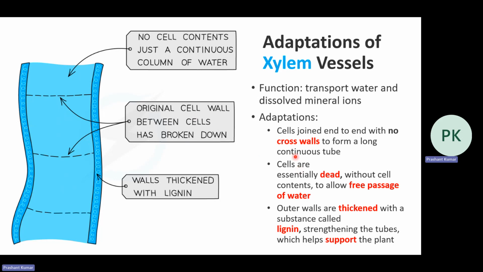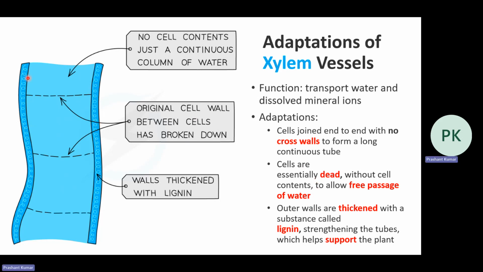Second important adaptation, the cell is essentially dead, without cell content, so it will allow easy passage of water molecules. Due to their dead nature, the cell content is not there, so it makes an easy passage for water molecules to move. Now let's see the outer wall.